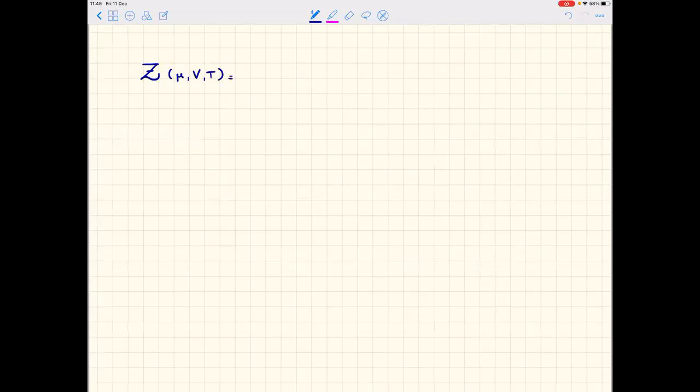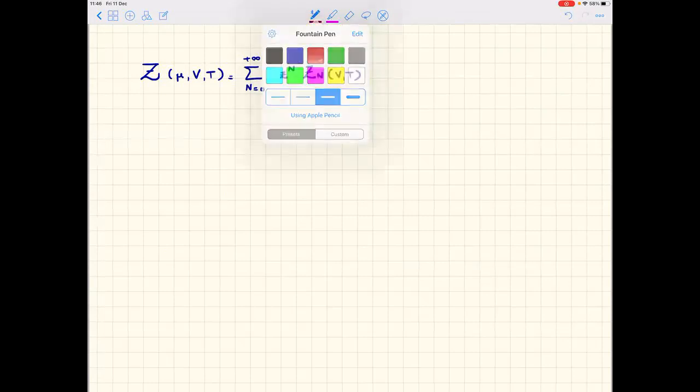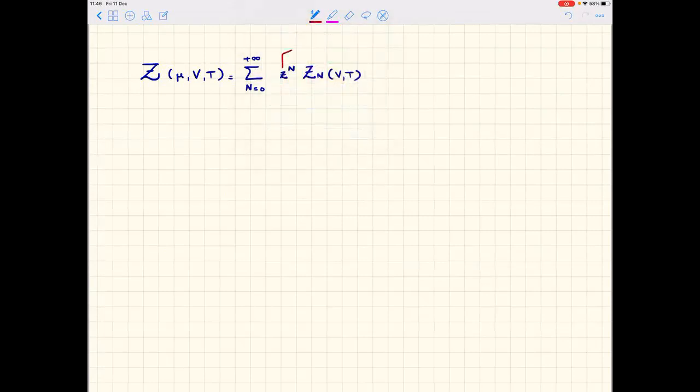All right, so the grand canonical partition function, as you all know, is equal to the sum over n from 0 to plus infinity of little z to the power n, and then the canonical partition function Z_n of volume and temperature, where little z is e to the beta mu, the fugacity.